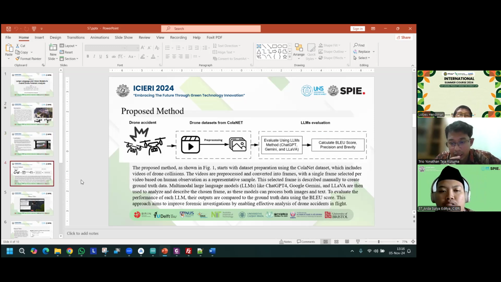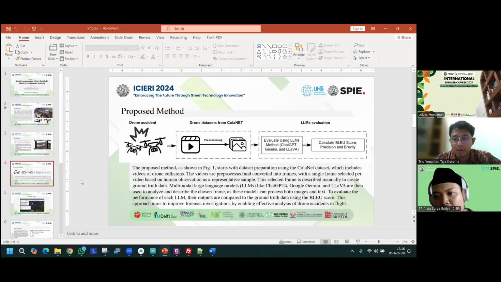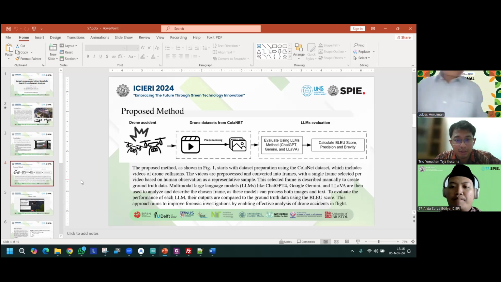Okay, here is my proposed method. The first one is the dataset. The proposed method starts with dataset preparation. I use the dataset from the Colanet dataset, which includes videos of drone collisions. The videos are pre-processed and converted into frames, with a single frame selected per video based on human observation as a representative sample. The selected frame is described manually to create ground truth data.